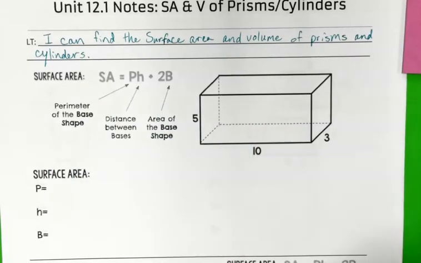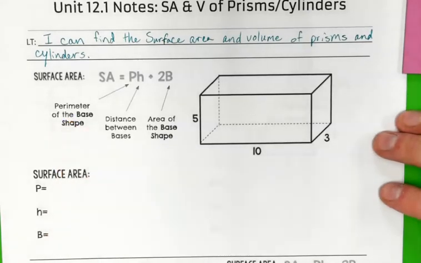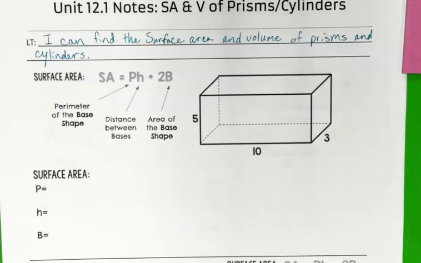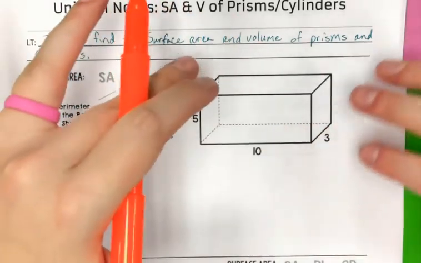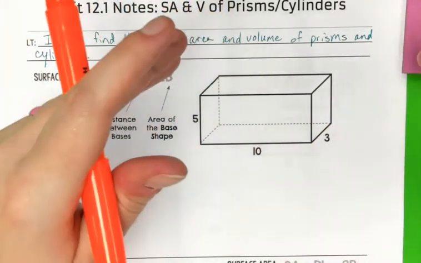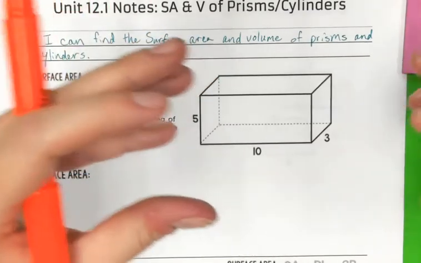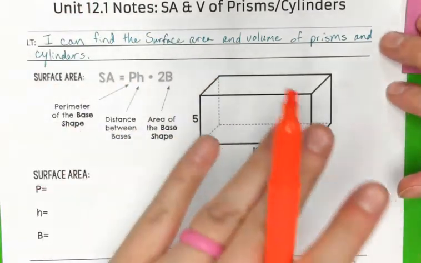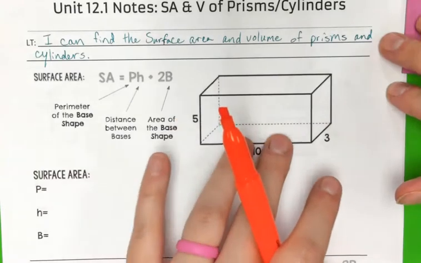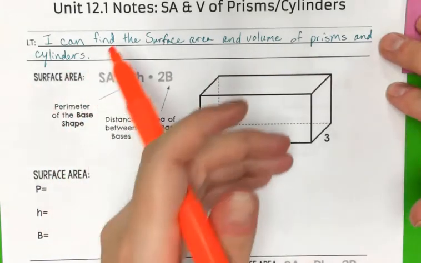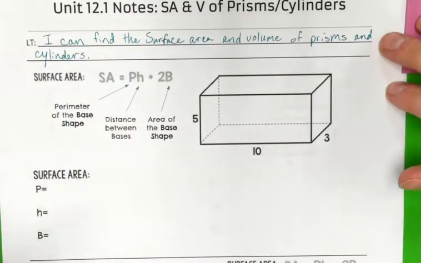I'm going to take one of my highlighters, because the first thing we need to find is the perimeter of the base shape. Well, first of all, what is the base shape? Well, this right here is called a rectangular prism. So it has six faces on it. And if you notice, the top and the bottom are the same shape, the two sides are the same shape, and the front and the back are the same size rectangle.